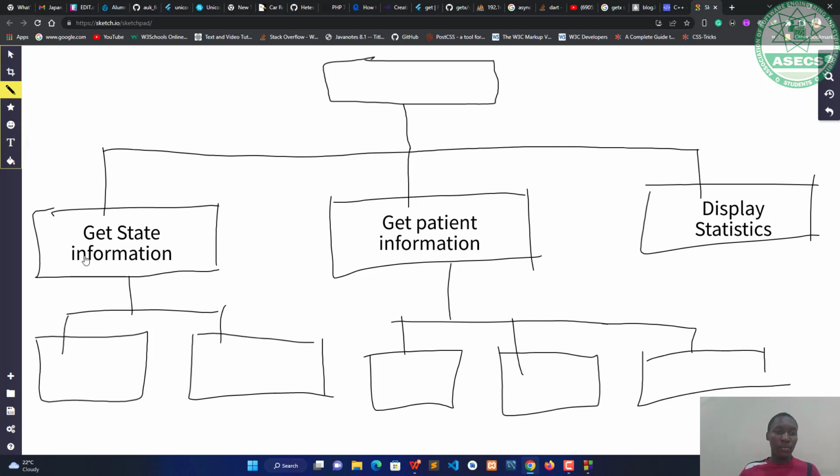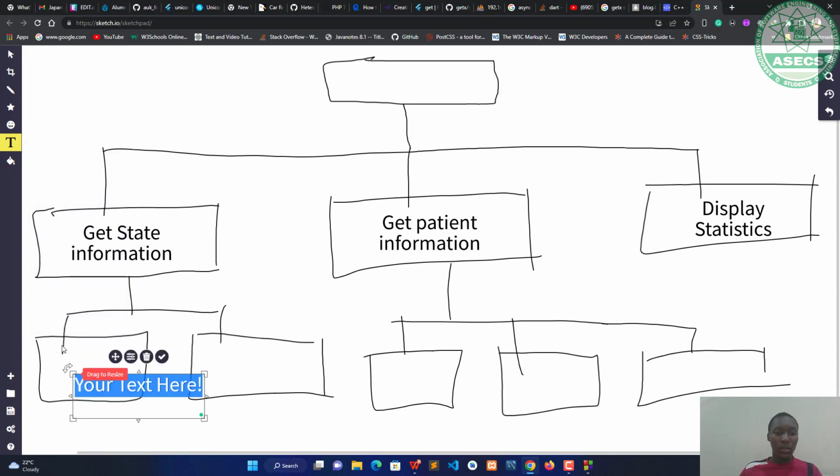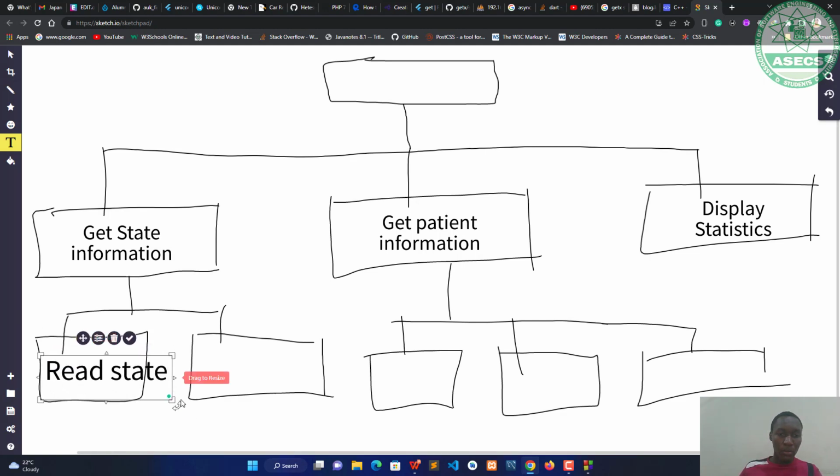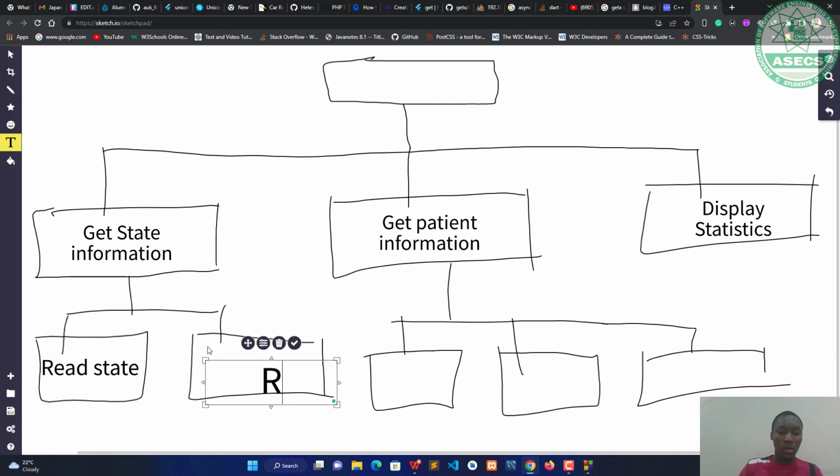Alright, now it should be something like read state over here. Now it is what healthcare center.